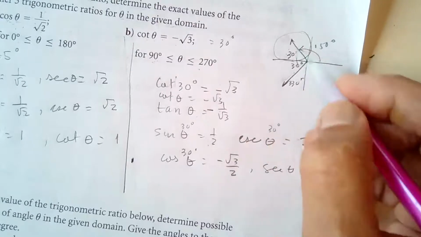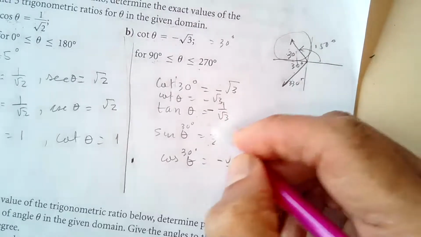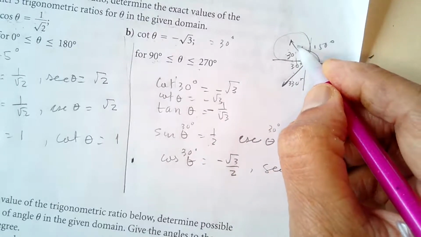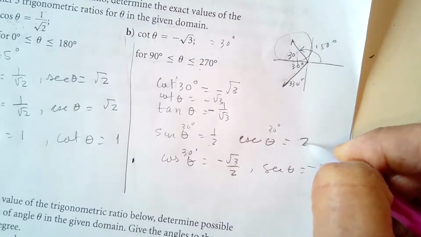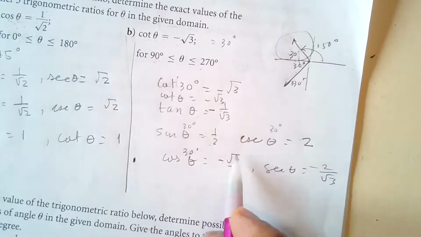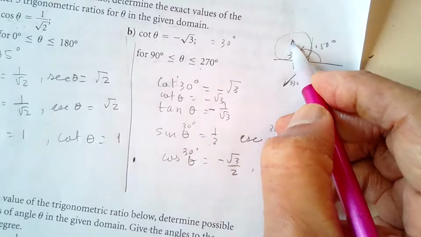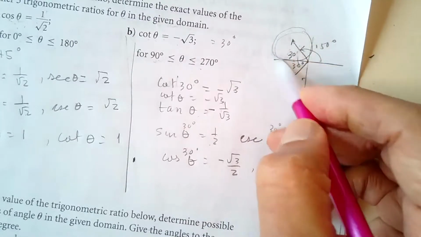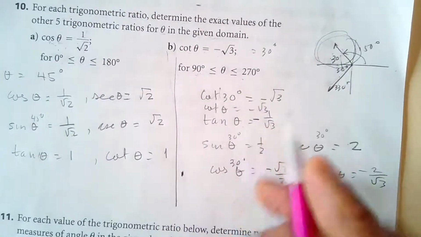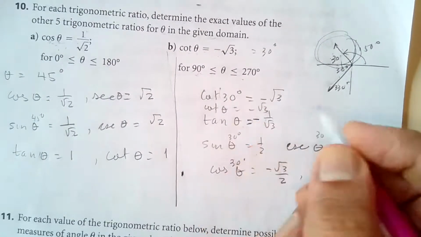Negative in this quadrant. It will be positive in here. Then sine 30 degrees is a half, and cosecant is 2. Cos 30 degrees is negative root 3 over 2, so cos is negative in quadrant 2. So we're just dealing with quadrant 2 right now. So that's why the tangent here, I had to switch it over to negative.